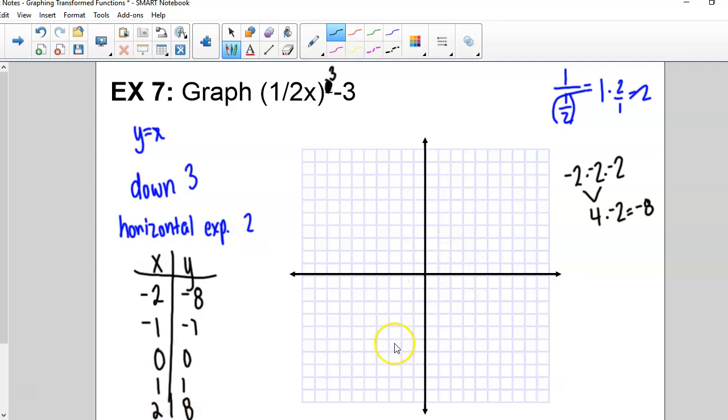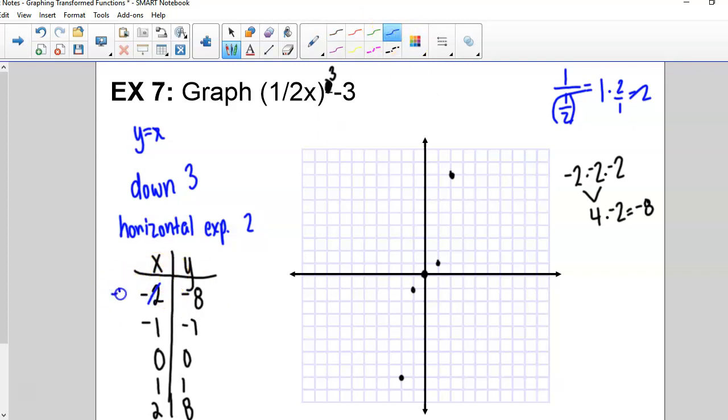All right. So that parent function we're looking at looks like this. And we always want to do our expansions or compressions first. So if we have a horizontal expansion by a factor of 2, horizontal tells me I'm going to multiply the x. So I'm going to multiply the x by 2.